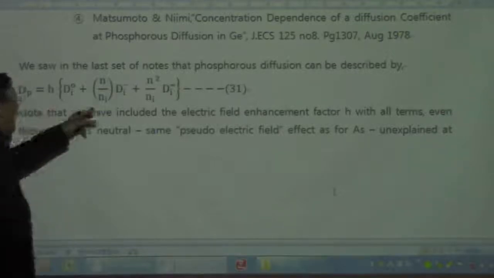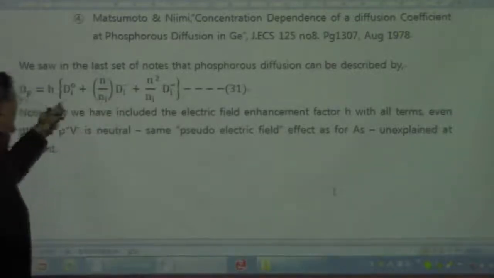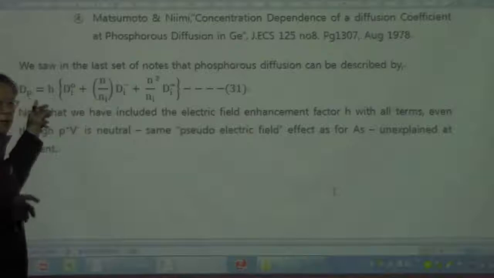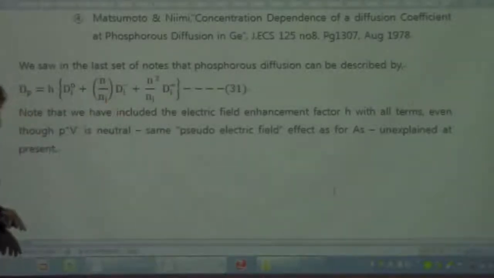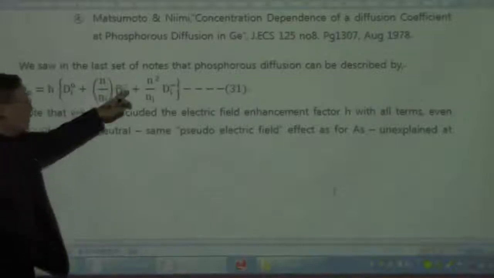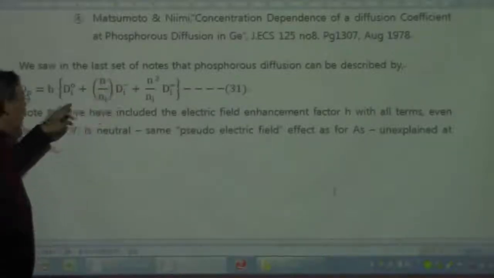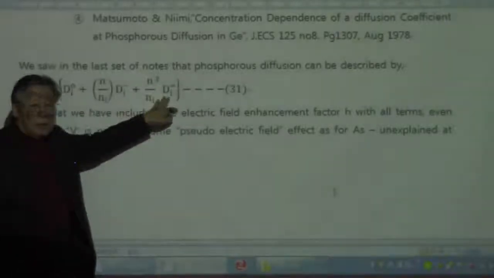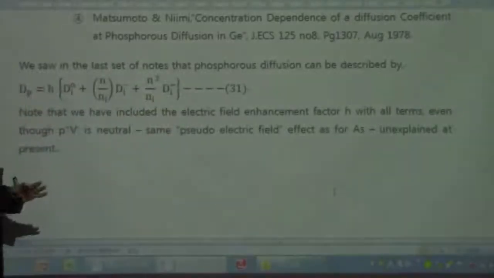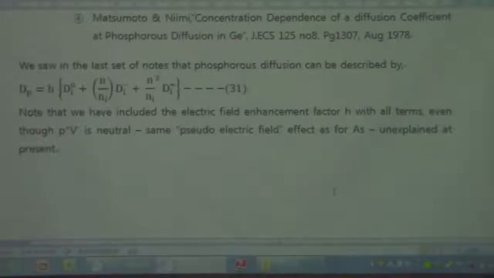For example, in the minus case, when it's coupled with the P plus, then it should be regarded as neutral, so that no electric field should be considered at this term, even though we have to consider here and here, because it shows the net charge, right?